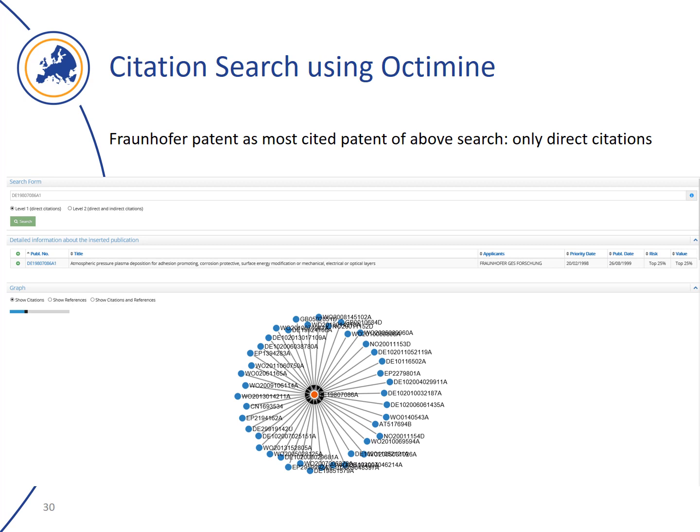You can look only at the level 1 direct citations, so those patents which have themselves cited the Fraunhofer patent. And here you get a bit of a better overview on these citations.